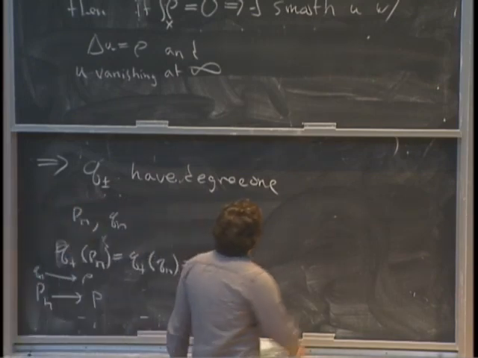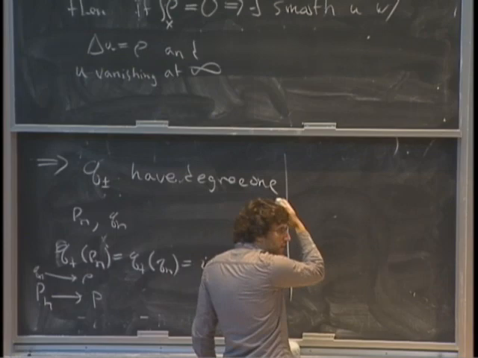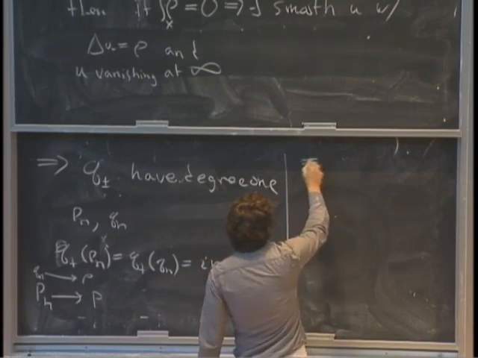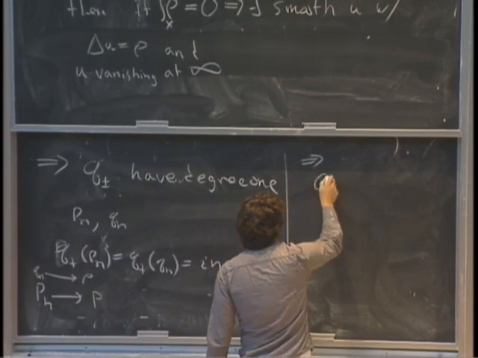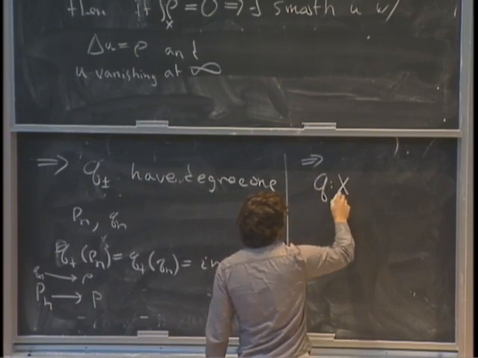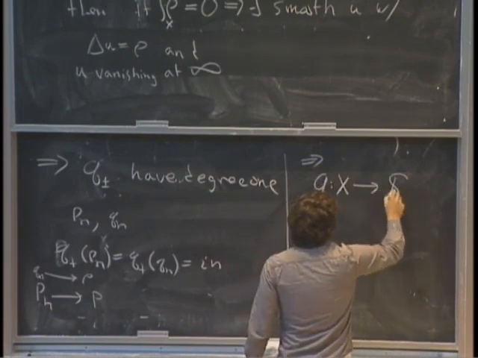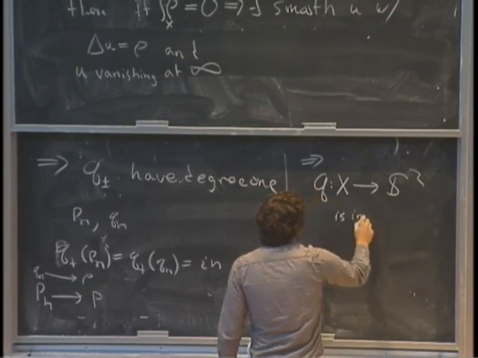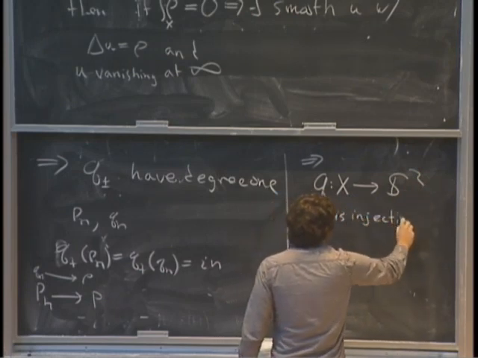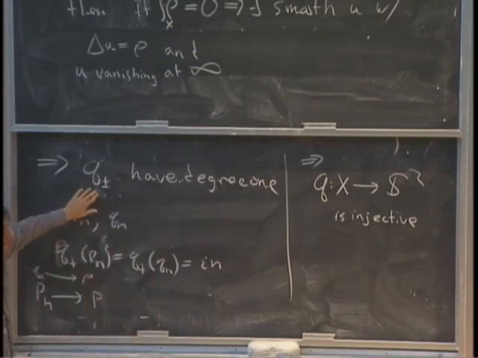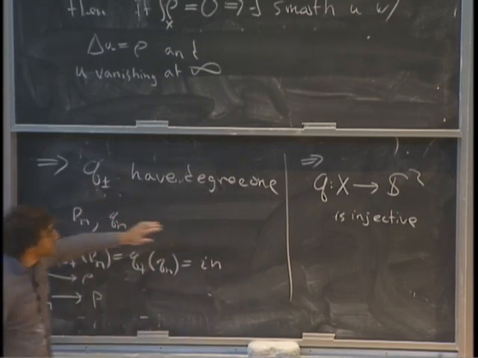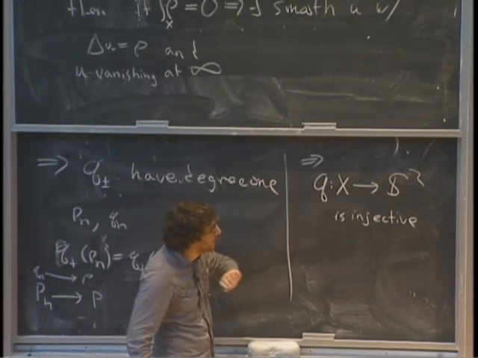So then the final part is to put this all together, and I'm out of time, but you should convince yourself that actually Q taking X to S2 is injective. The fact that they have degree 1 means that the Q plus and the Q minus are actually biholomorphic maps. So it's just a question of when you put them together, do you get an injective map?